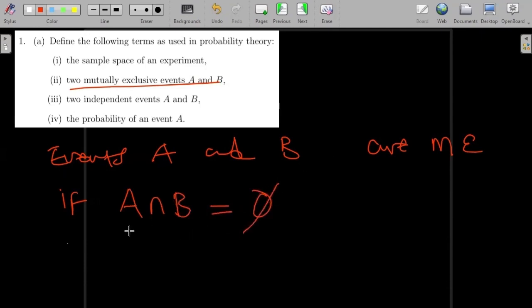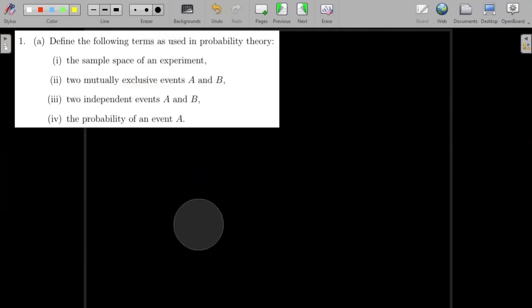So in short, there's nothing common between the set A and the set B. So two events A and B are mutually exclusive if their intersection is empty. Simply meaning A intersection B is empty. So meaning there are no common outcomes between event A and event B.